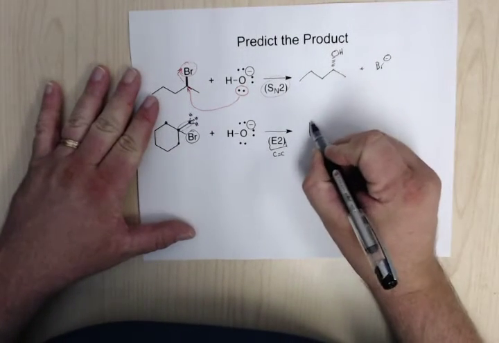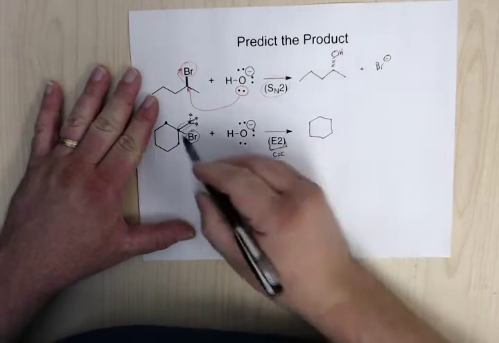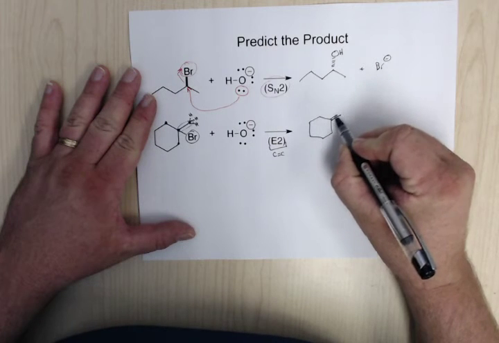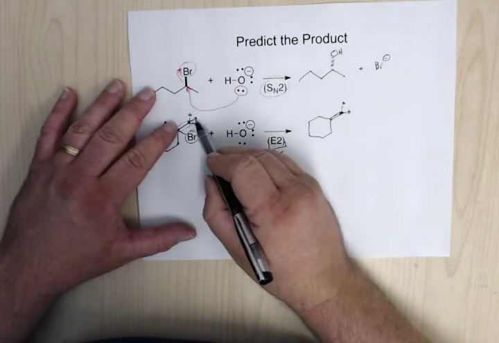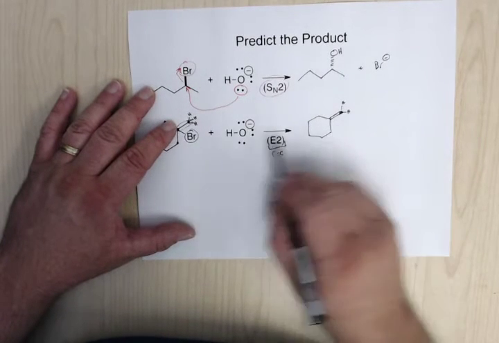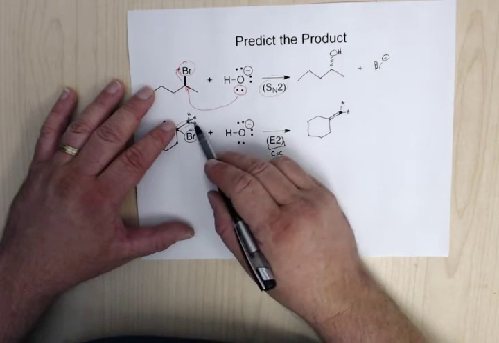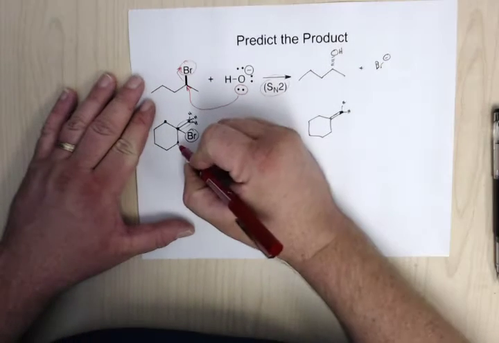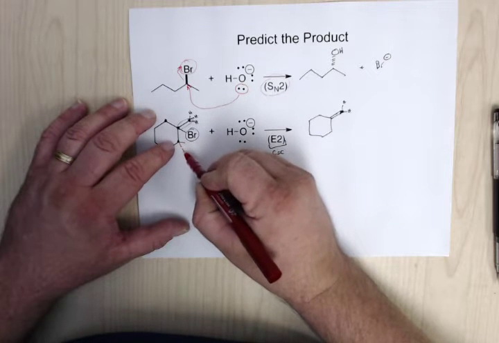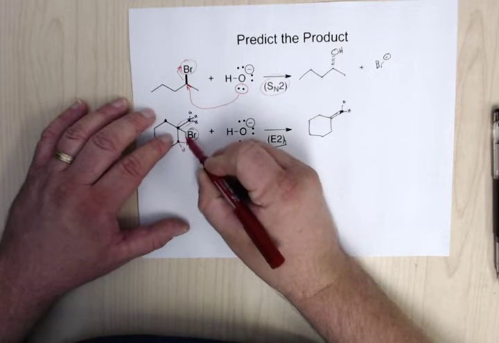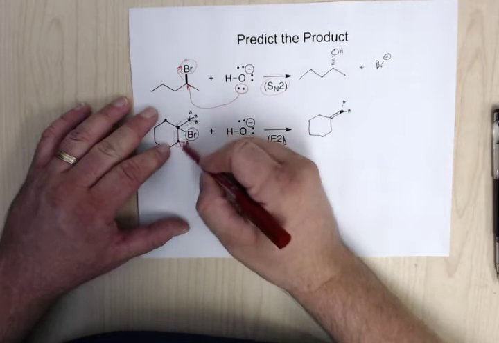So when we do that, we would end up with a double bond like that. So we rip one of those away, and the bromine leaves as well. Like that. So we'd end up like that. Now again, for this one down here, there's only two bonds shown, so there's at least one hydrogen there. So we're good, so we can make a double bond there.